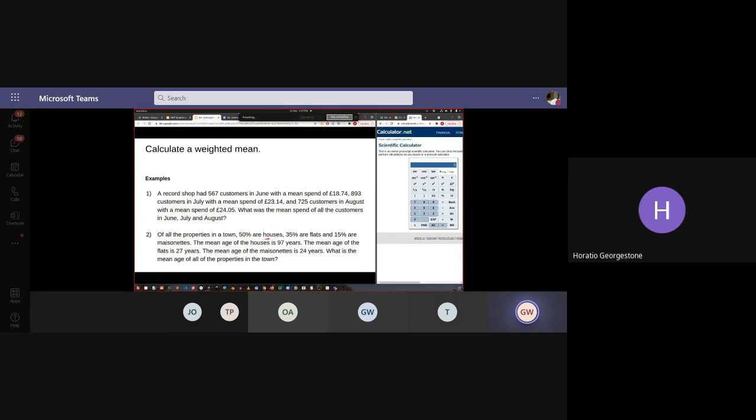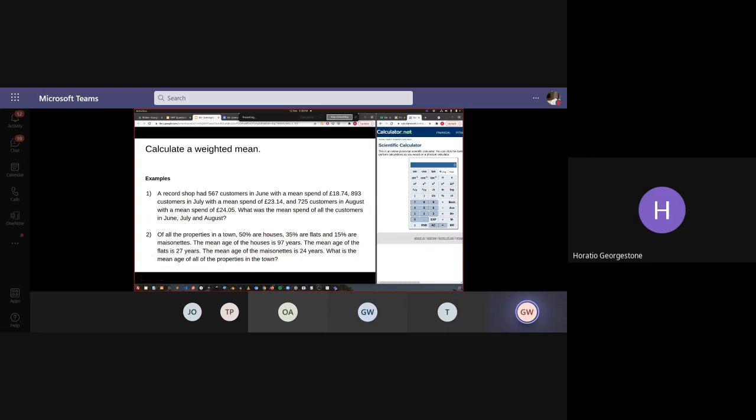The second type is we're not actually told the numbers of items in each subset, but we're told their proportions. That might be percentages or decimals, or it might even be ratios. And then you'd have to use some of your ratio skills that we've already learned to convert those into percentages or decimals. So in the second question, the total set is all the properties in a town.